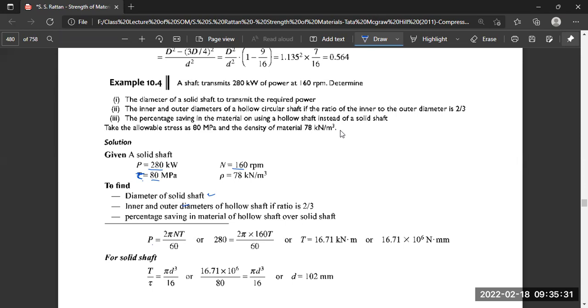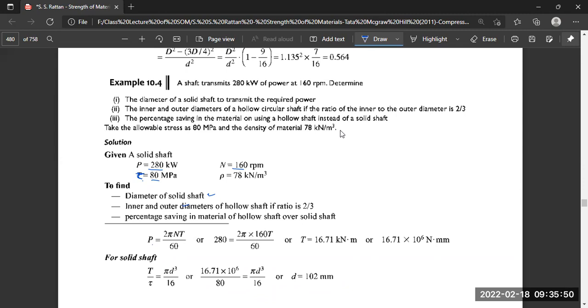For the solid shaft, we know from this relation, transmitted torque divided by the shear stress is equal to pi D cubed divided by 16. So 16 into 16.71 times 10 to the power 6 divided by 80.